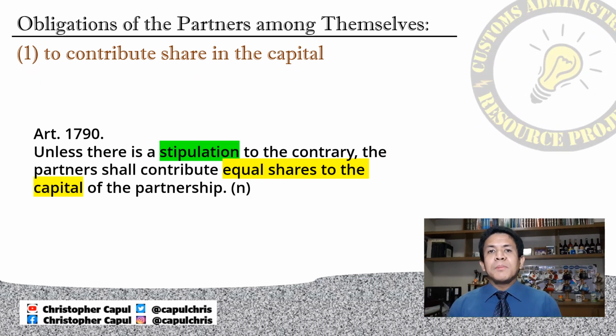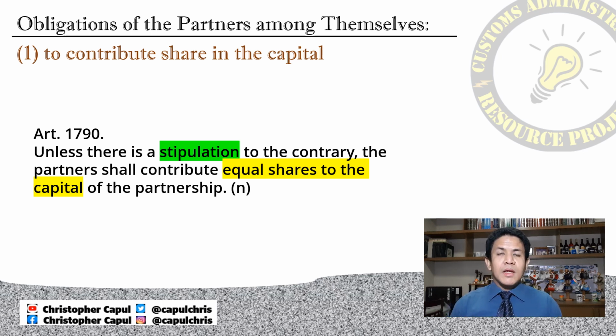Now, one important point regarding a partner's contribution of his or her share in the capital, we must take note of Article 1790 of the Civil Code, which says that unless there is a stipulation to the contrary, the partners shall contribute equal shares to the capital of the partnership.